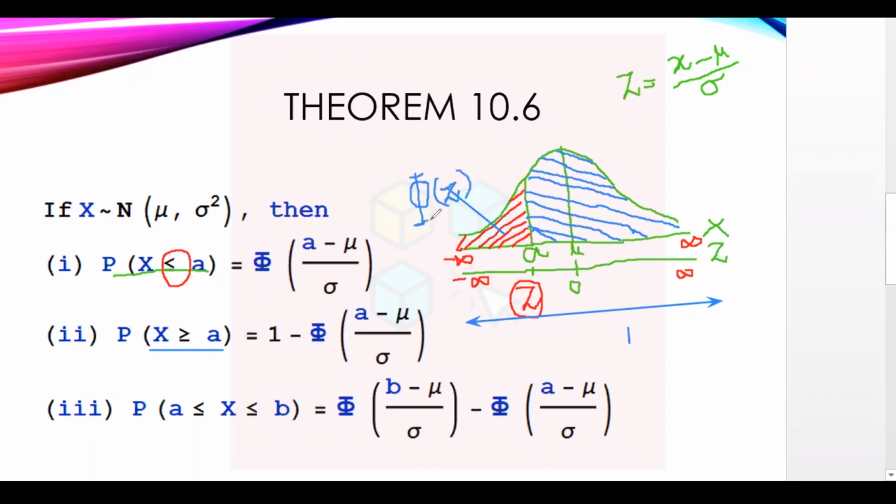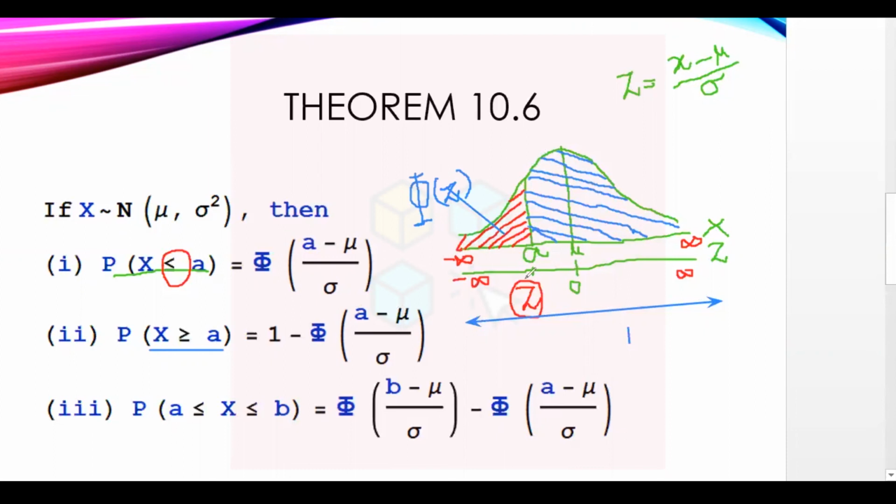If phi of z is given, then we can find right side area by subtracting 1 minus phi of z. So 1 minus phi of z is this one, because a minus mu over sigma is z, by substituting a here.